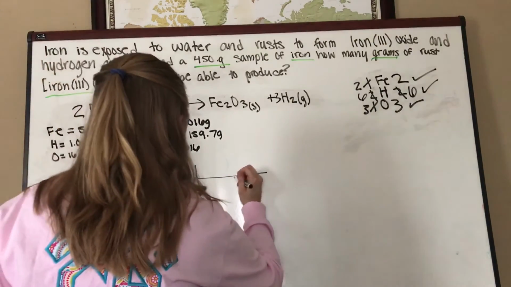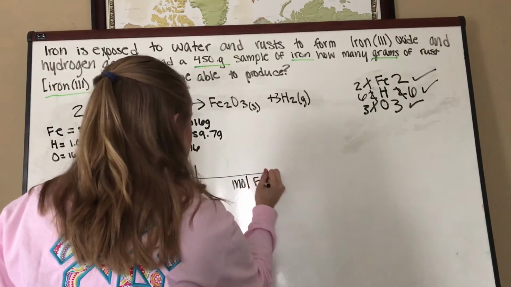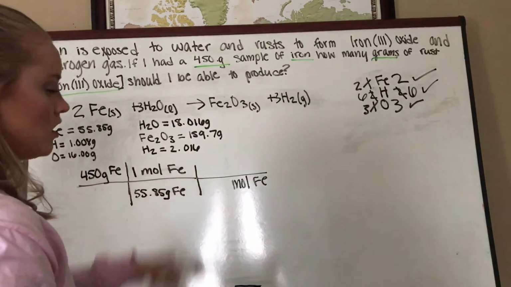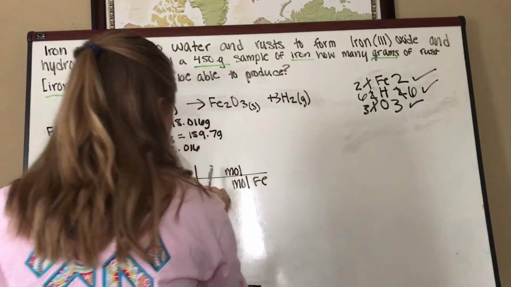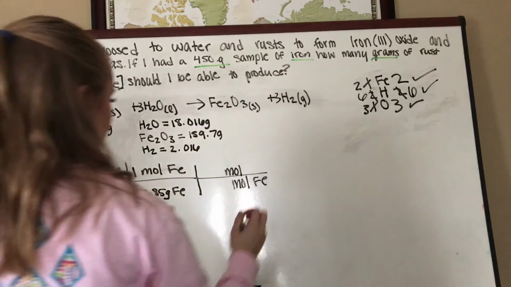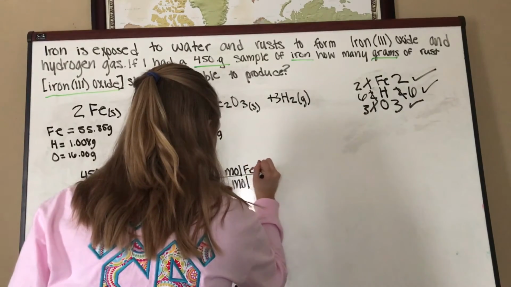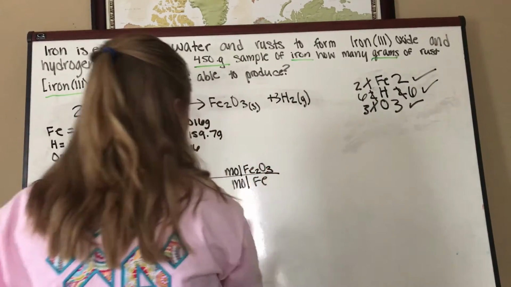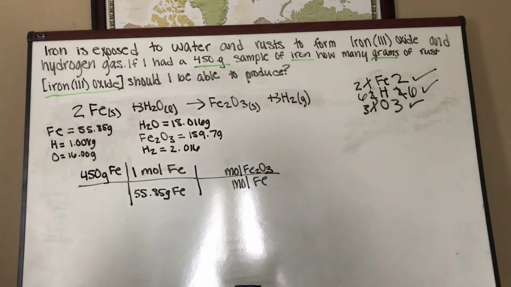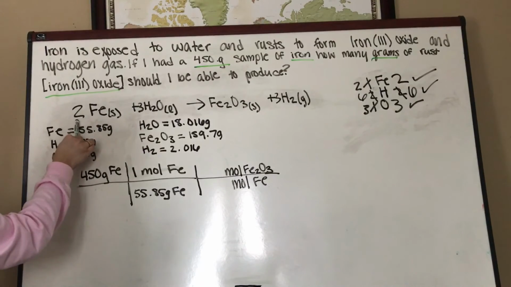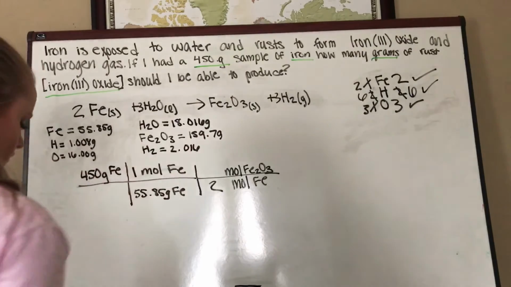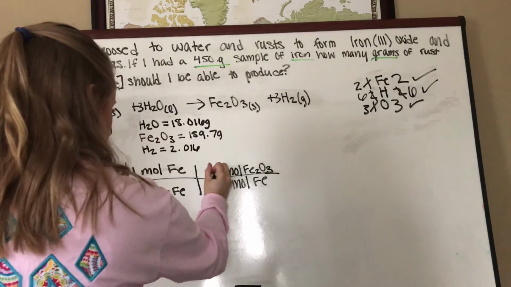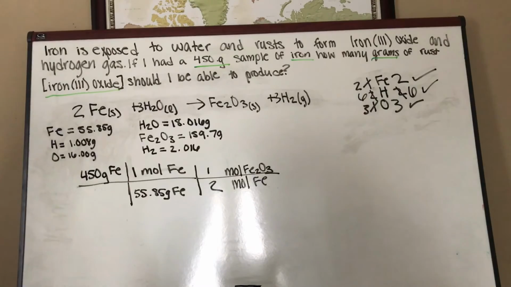So, we have moles of iron on the bottom because we want that to cancel out the moles of iron on the top. And on this top half, we're going to have moles of iron 3 oxide. In the balanced equation, we see that there are 2 moles of iron and 1 mole of iron 3 oxide. So that is our molar ratio.